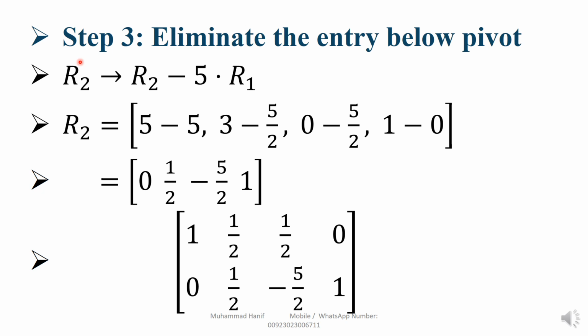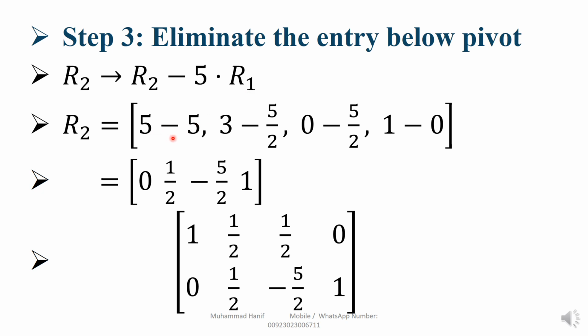Step 3. Eliminate the entry below the pivot. R2 means second row. R2 becomes R2 minus 5 multiplied by R1, the first row.